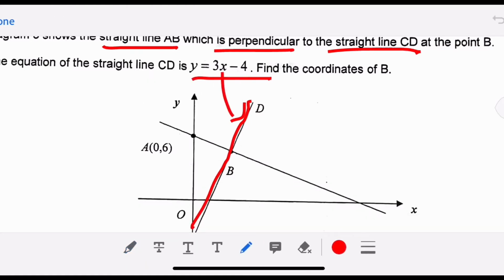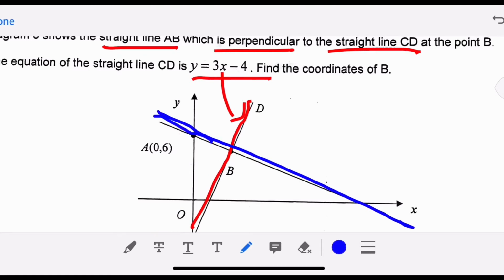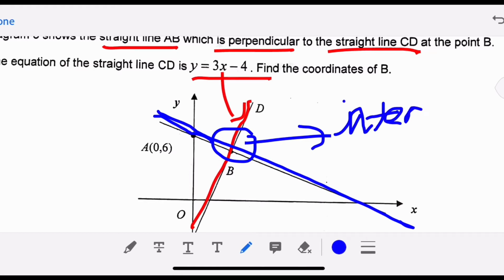That's the equation of CD. I highlight another line using blue color, and the blue line intersects the red line at the point B.